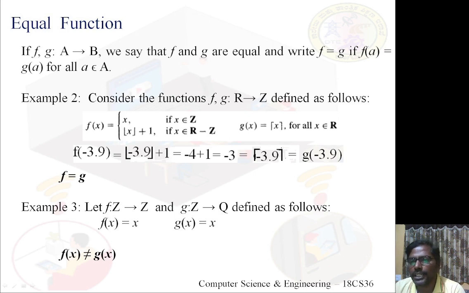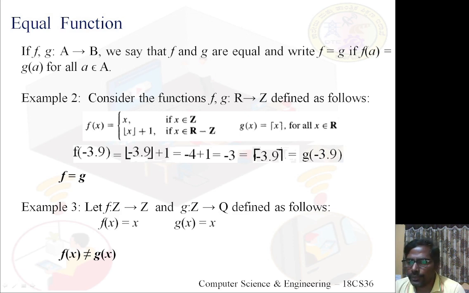Of this, the greatest integer is minus 4. So the floor of minus 3.9 is minus 4, plus 1 is equal to minus 3. So f of minus 3.9 is minus 3.